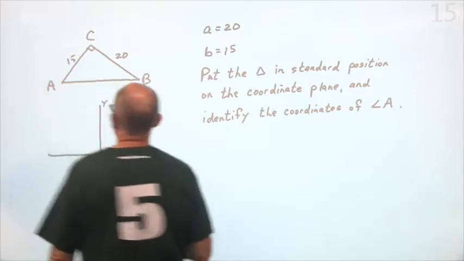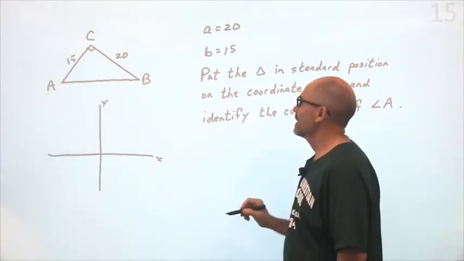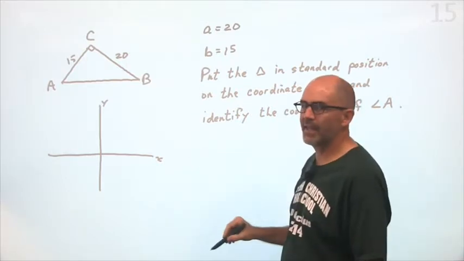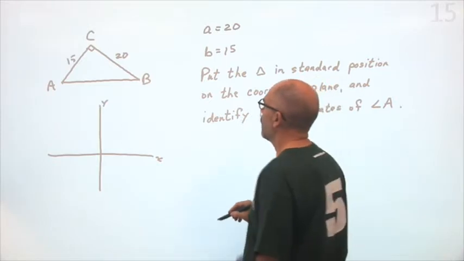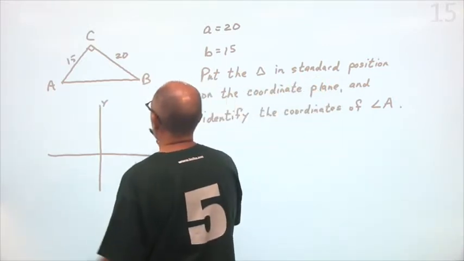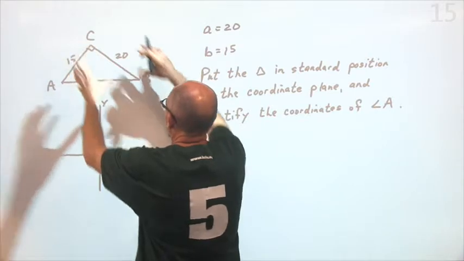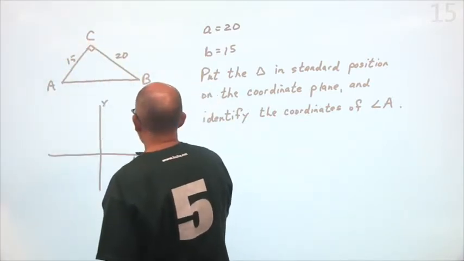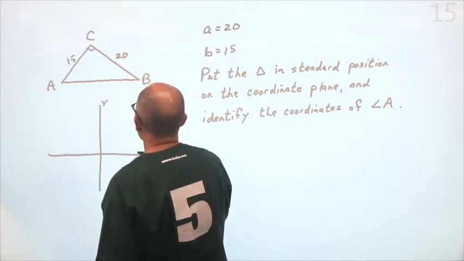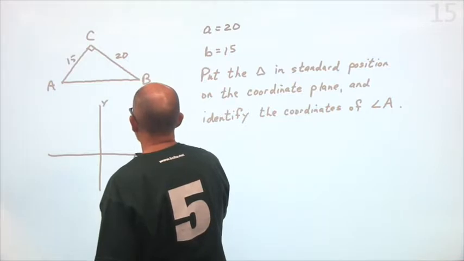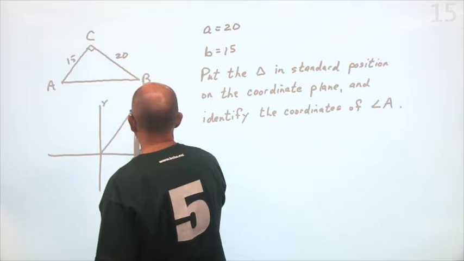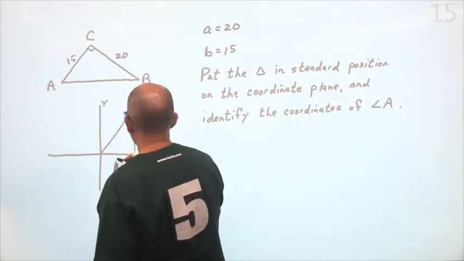Now what we want to do is put the right angle coming up from the x-axis. So that means we're going to rotate this triangle around like this, and C is going to be here, and yeah, it's going to go up 20, and here's the 15.